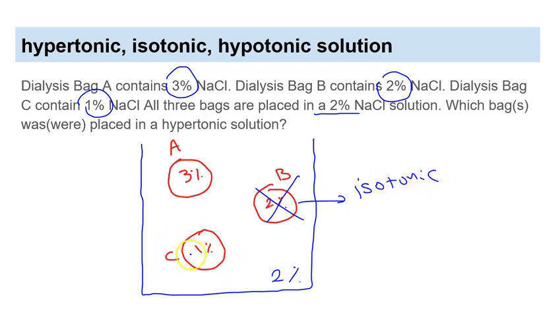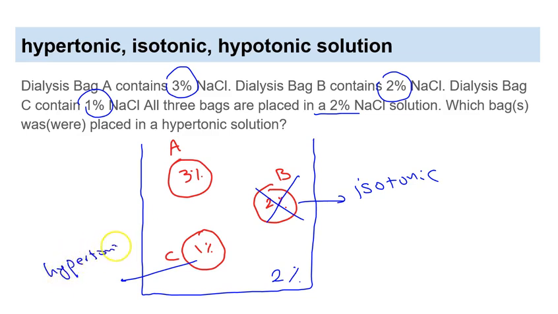How about for bag C? In our bag C, we have 1%, which means less solute in comparison with the solution we have outside. So the outside solution is more concentrated than the inside solution. So that would be hypertonic.